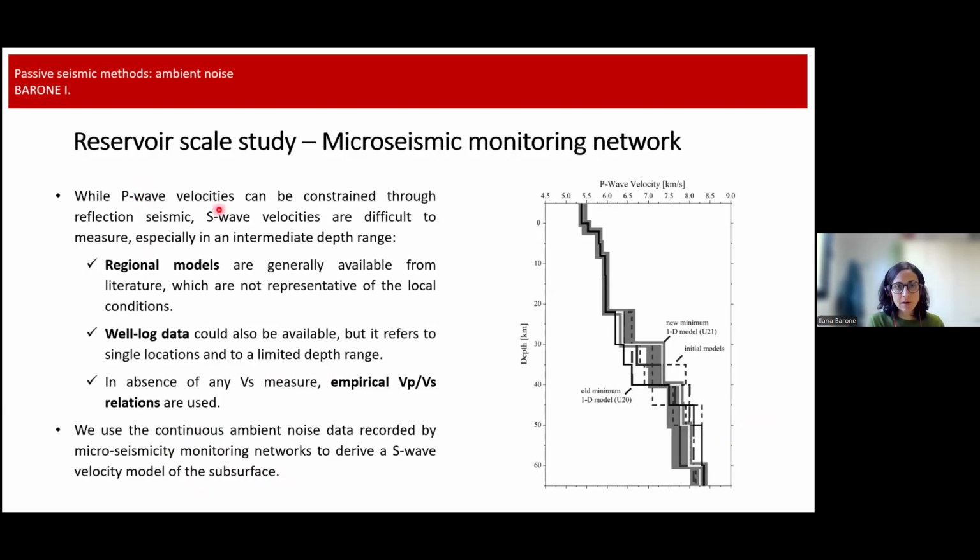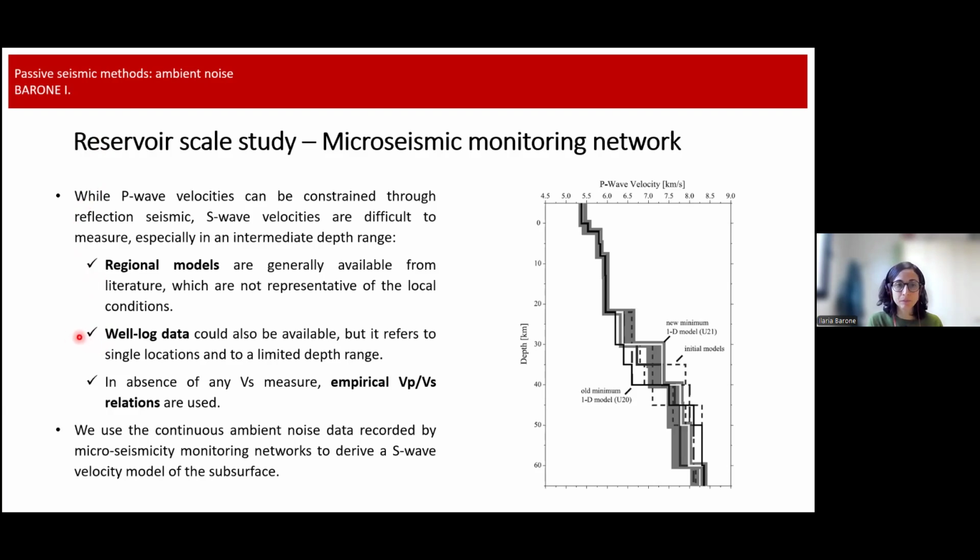Talking about the P wave velocities, we generally can retrieve a P wave velocity model quite easily using reflection seismic. But for the S waves, it's a little bit more tricky. And so generally what is done is to take regional models from the literature that are good at a regional scale, but are not very representative of the local conditions of a specific site.